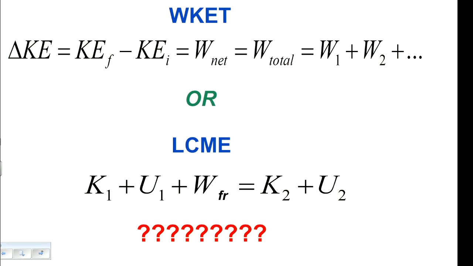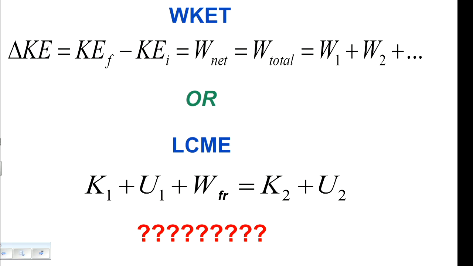All right. So, question is, as we said, law of conservation of mechanical energy, or master equation, and work kinetic energy theorem. It's the same equation, just terms are rearranged. It's like looking at two photographs of the same person. When do we choose one? When do we choose another one?